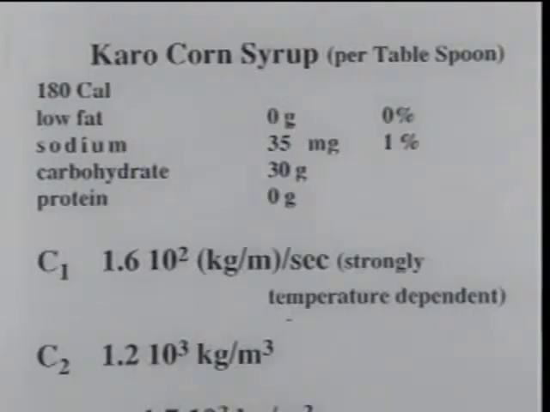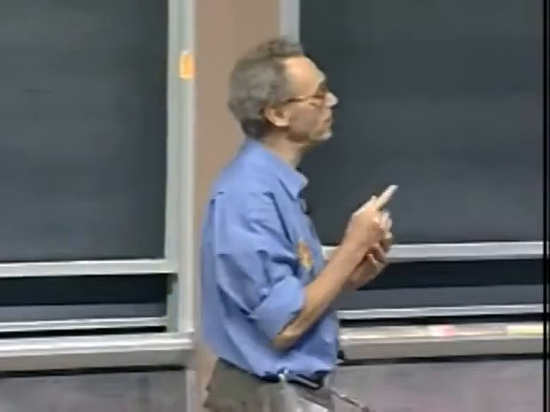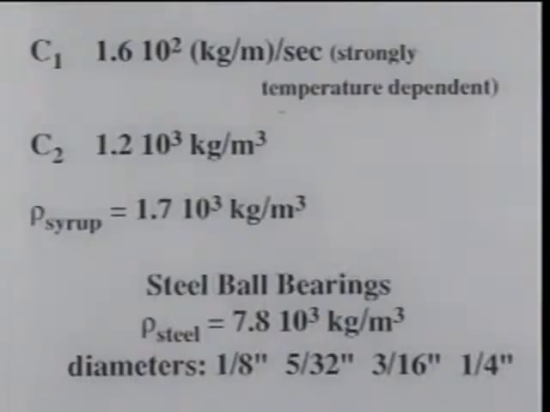I had to know C1, which I measured. In fact, what the kind of demonstration you and I will be doing today, you can derive it, but it's very strongly temperature dependent. Could be different yesterday from today. I measured C2 to a reasonable accuracy. Notice that the density of the syrup, in terms of kilograms per cubic meter, is very close to C2.